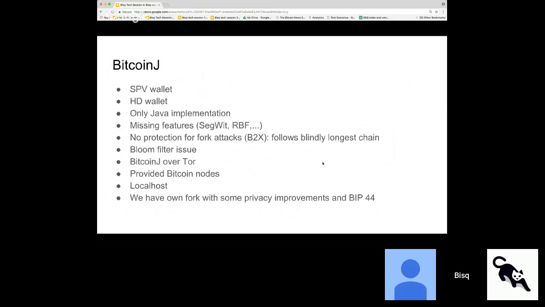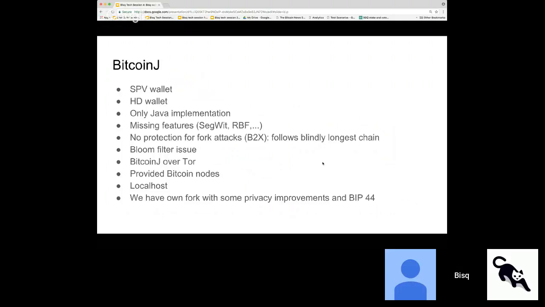It's used in many implementations, like the Android Bitcoin wallet for mobile, Samourai wallet, and MultiBit. There are plenty of wallet providers which are based on BitcoinJ, and it's been out for many years, so it's kind of battle tested.